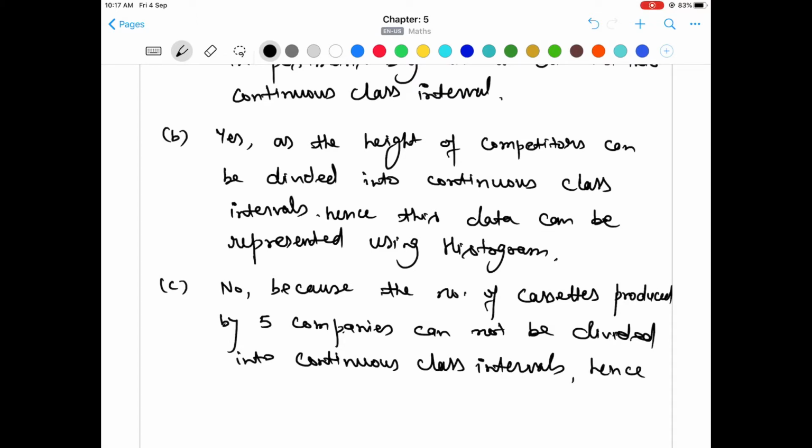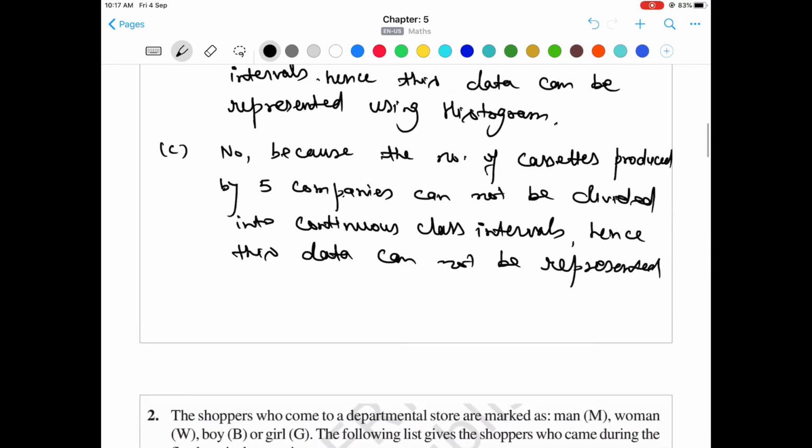Hence, this data cannot be represented using a histogram.